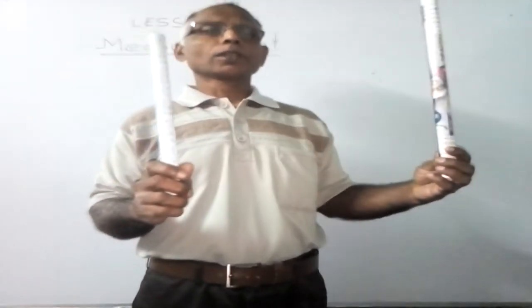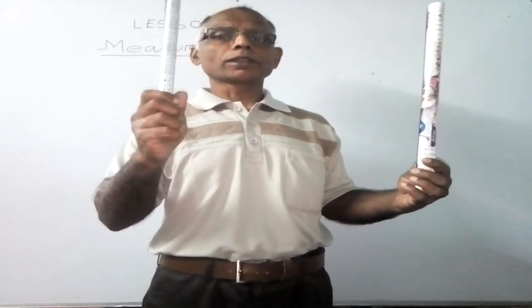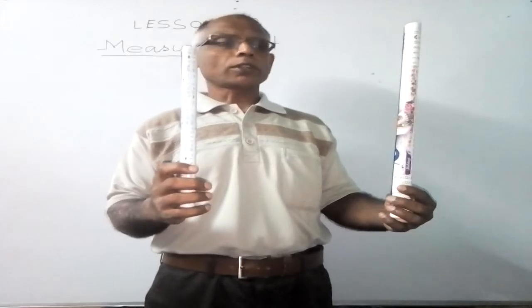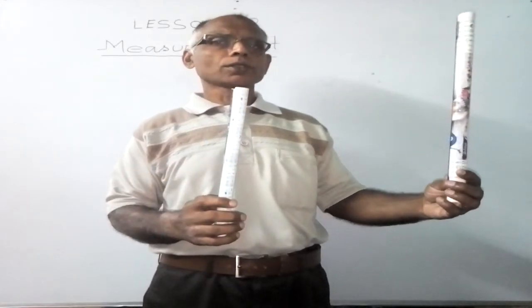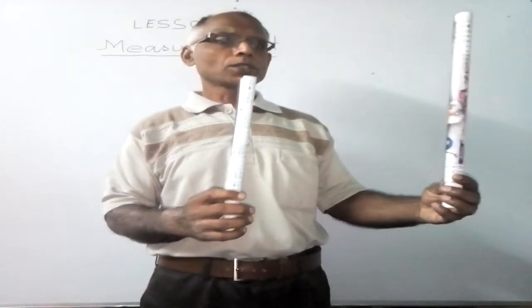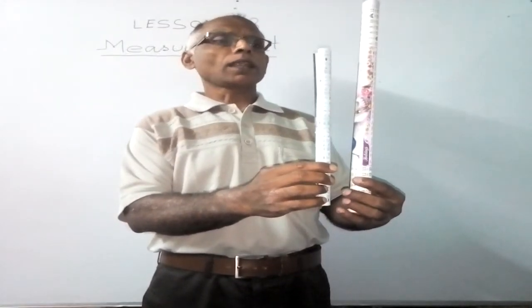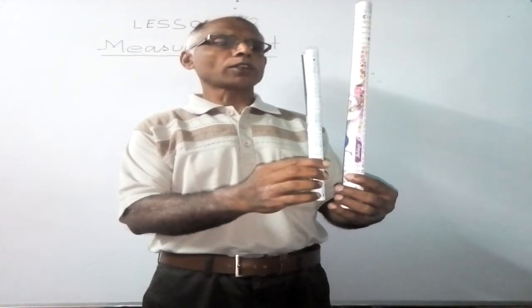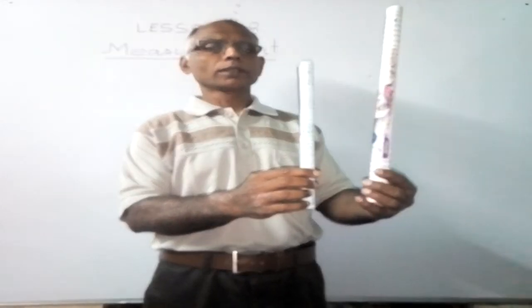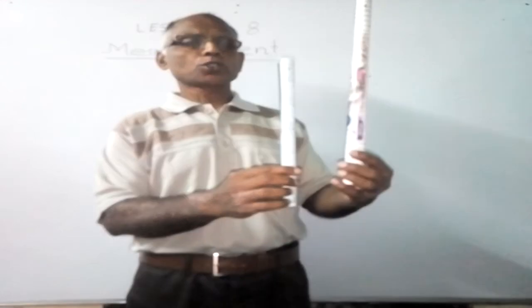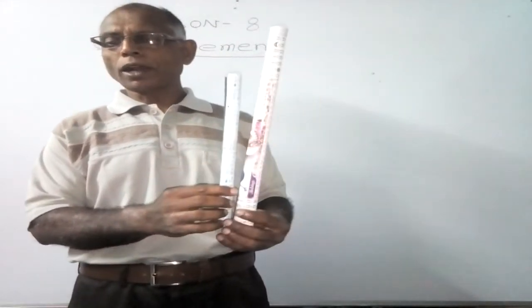The object in my right hand is shorter and the other is taller, isn't it? If you keep two objects parallel, you will find one is shorter, one is taller. Hello students, short and tall you have learned.